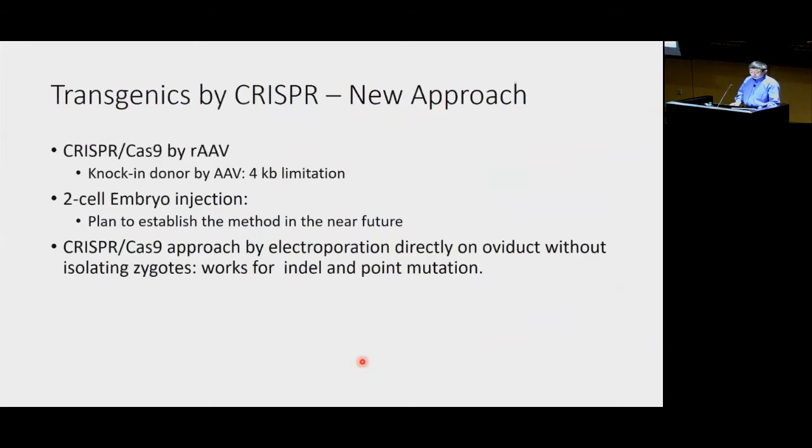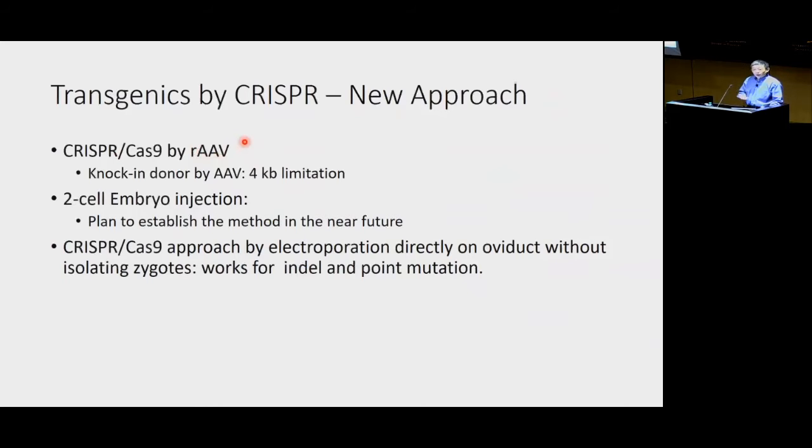There are some new approaches in the CRISPR method. One is to use adenovirus, AAV virus, to provide the template when you want to make knock-in mutations.